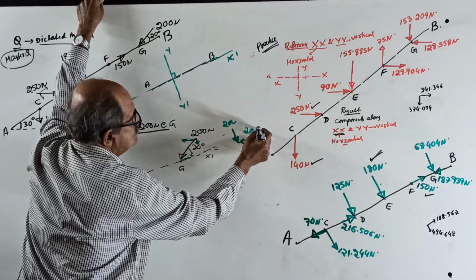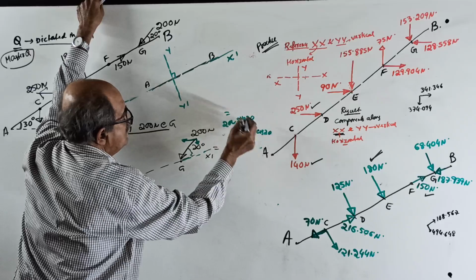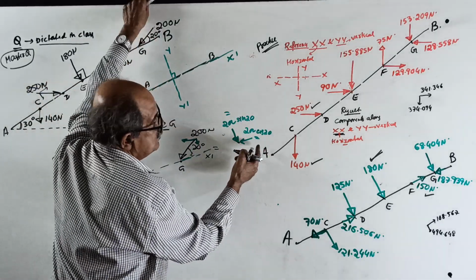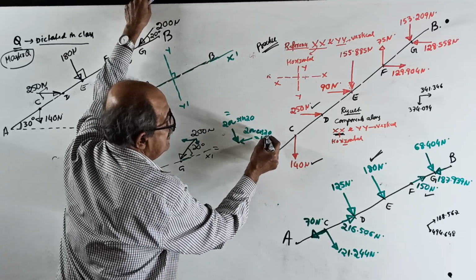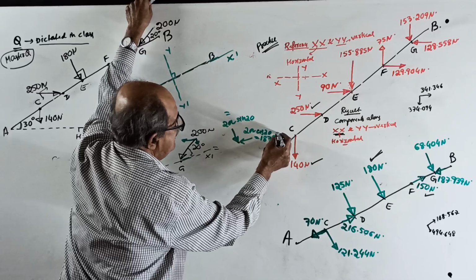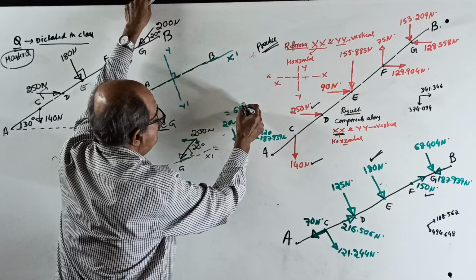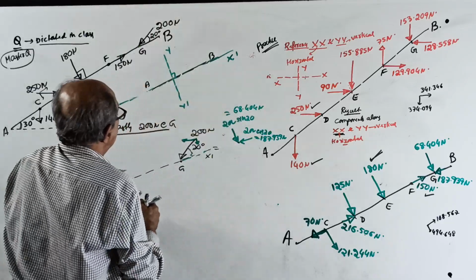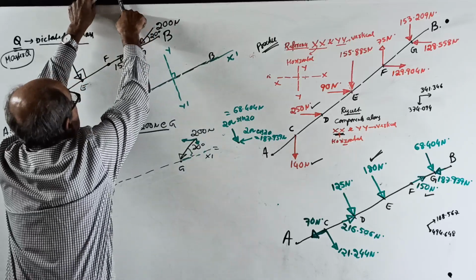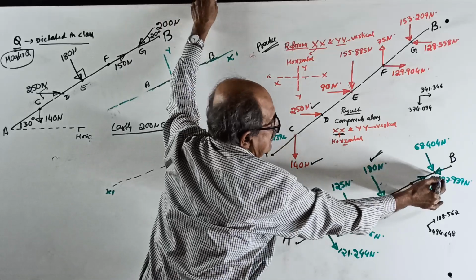So this is cos 20, this is sin 20. Cos 20 part is 187.939 Newton. This is 68.404 Newton. I entered here the two components.